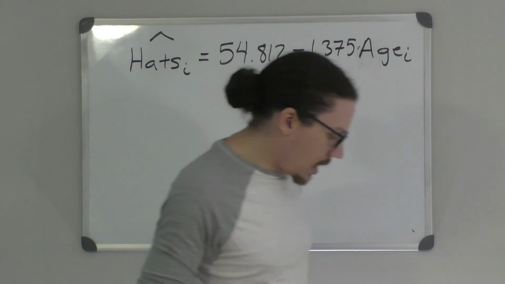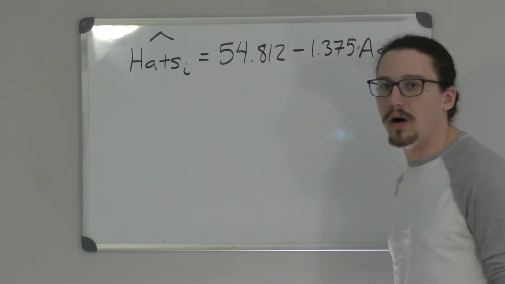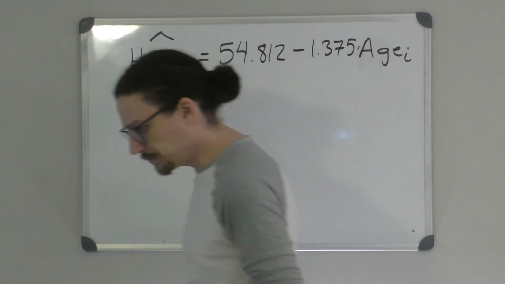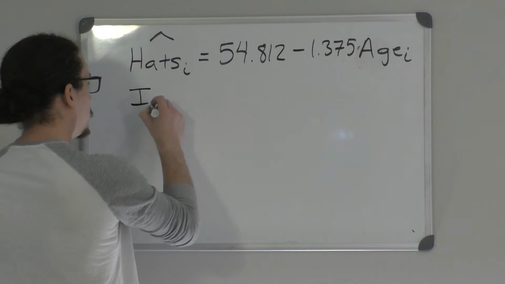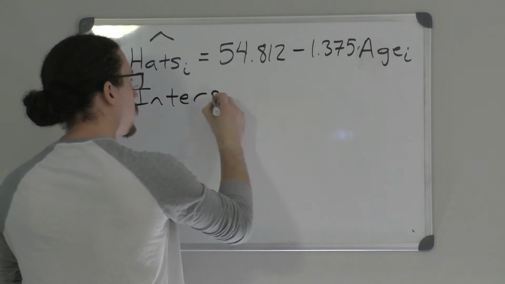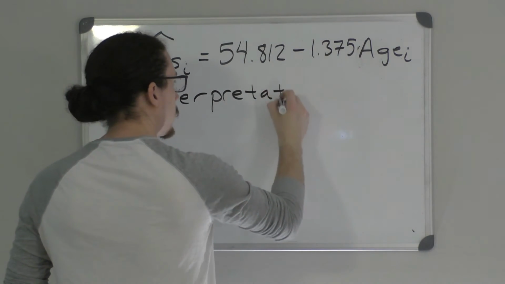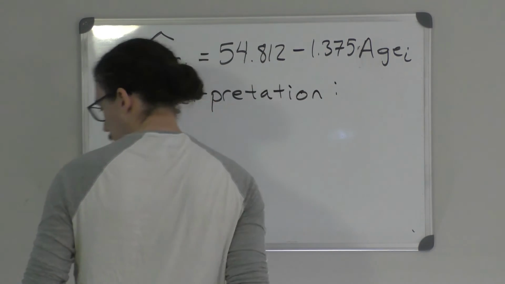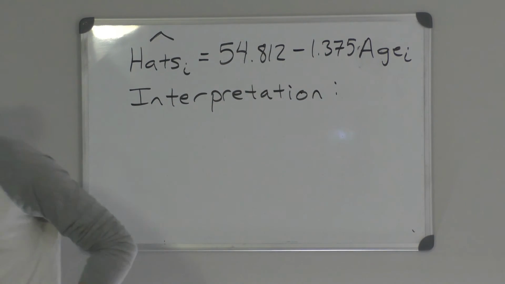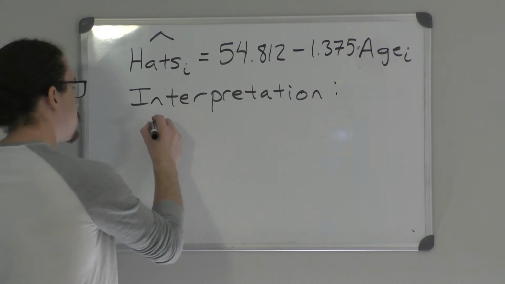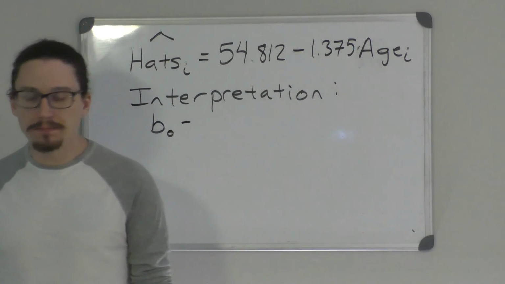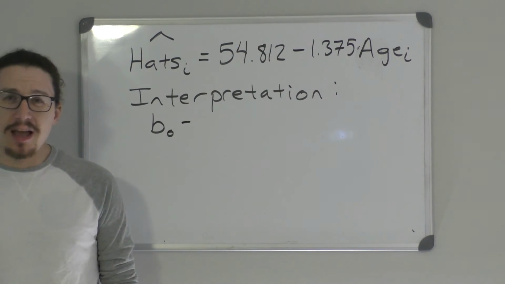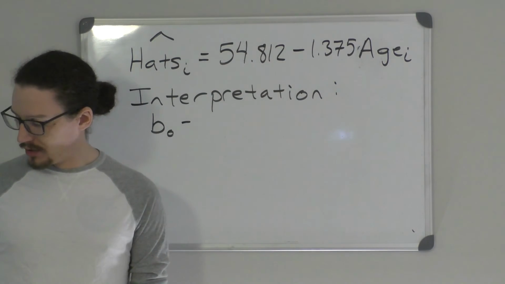All right, so let's talk about what all of this means. So really what we're talking about is interpretation. All right, so for B naught, again, that's our y-intercept.